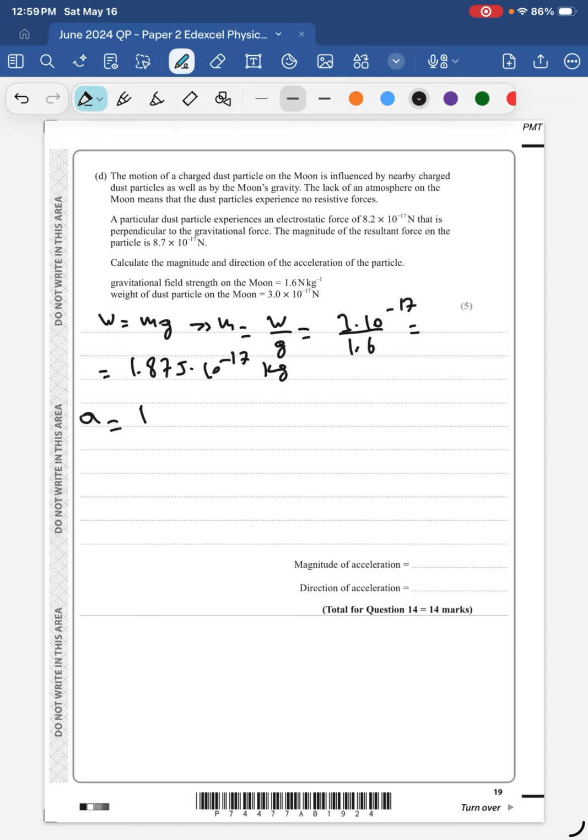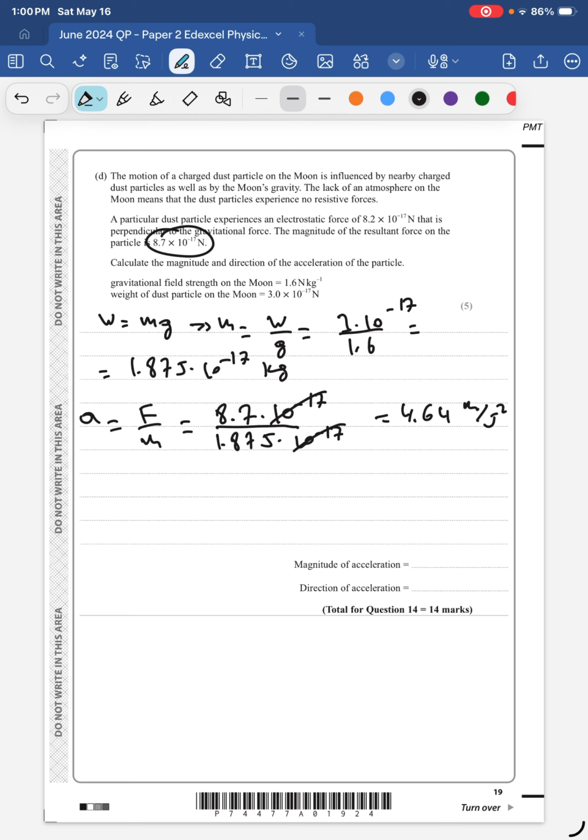Now the acceleration is force per mass, and the resultant force is given as 8.7 times 10 to the negative 17, and then the mass is 1.875 times 10 to the negative 17. So this yields 4.64 meters per second squared.